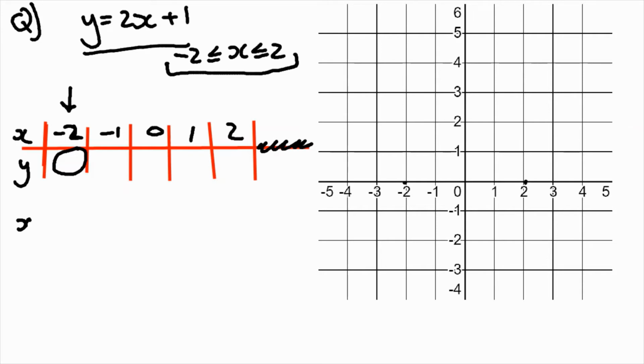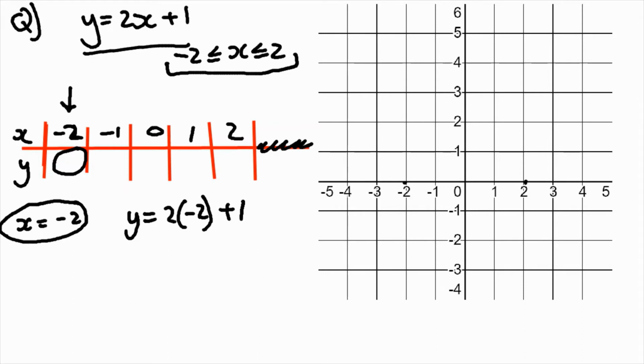So when x equals -2, our y value is going to be 2 lots of -2 plus 1. It's going to be -3.